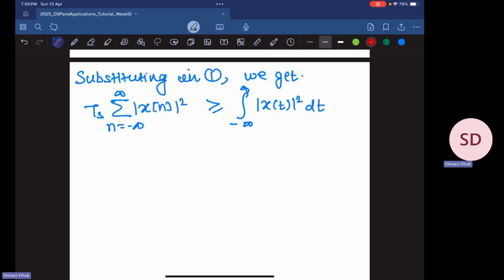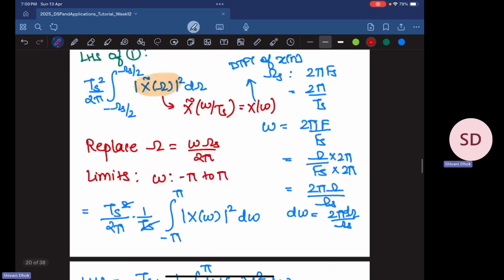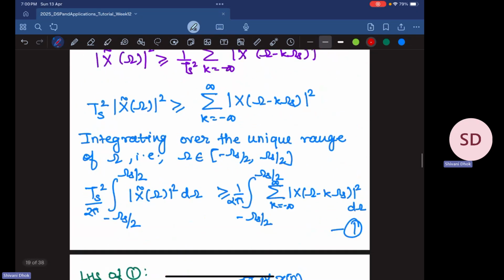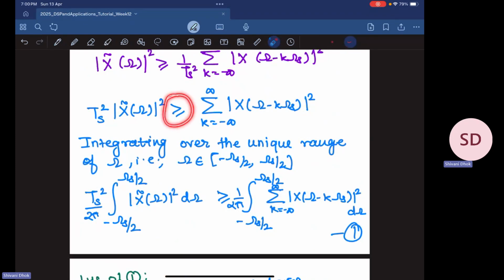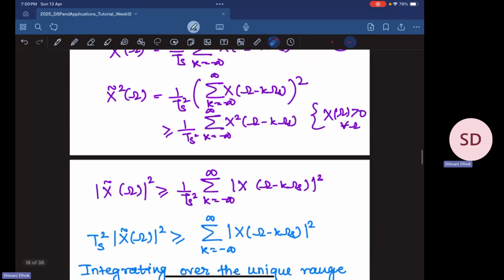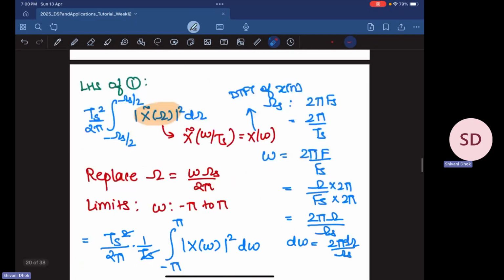And when will this inequality hold with equality? This will hold when the first inequality holds. And when will this hold? This will hold when the cross terms are 0. That means it will hold when the signal is band limited.